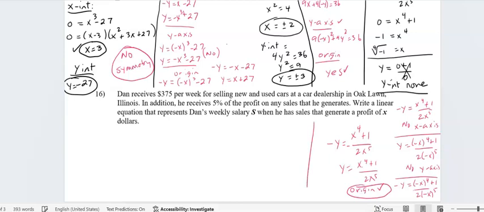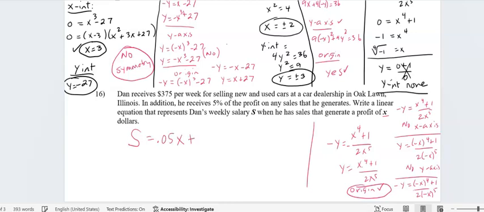All right, and for number 16, we're supposed to write a linear equation that represents this scenario, and we're told this guy makes a salary, and so salary is determined by he gets 5% of profit on sales that he generates, and we're told that that's what X represents when he has sales that generate a profit called X. So he gets 5% of that number.